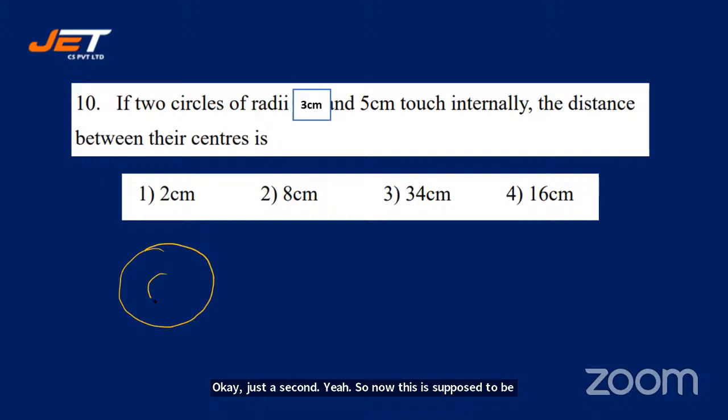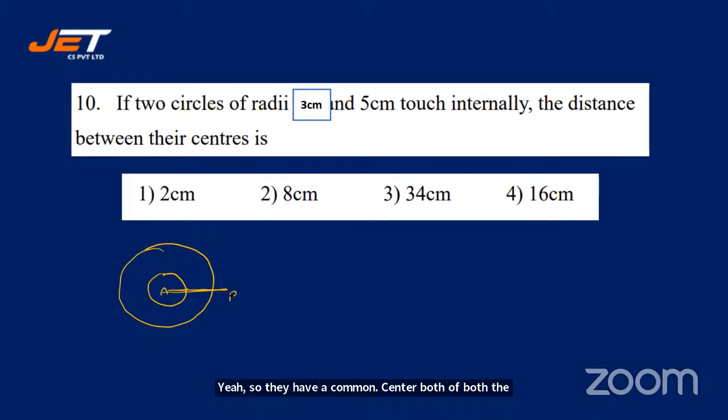A circle inside a circle, right? So they have a common center. Both the circles have a common center.